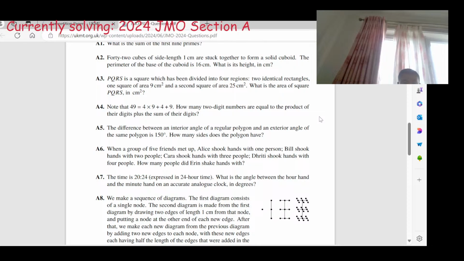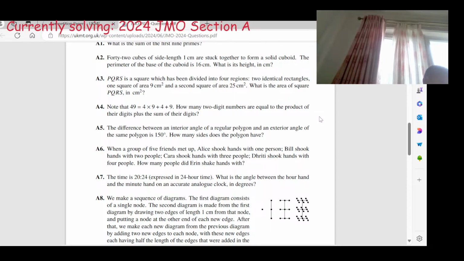Yeah, that checks out. B shook hands with 2 people. So with D and C. So Aaron shook hands with 3 people. No, not 3. 2.